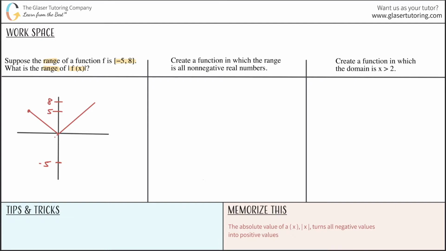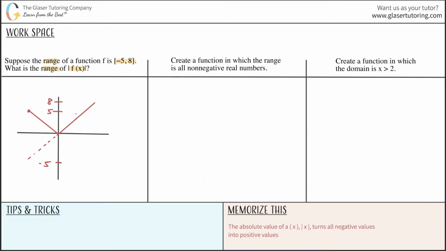Remember the graph was here before, and now I reflected it on up. So the -5 value here turned into a +5. Let's pretend that this value in this location was a -4. Now it's a +4, -3, +3, -2, +2, etc., all the way down to 0.